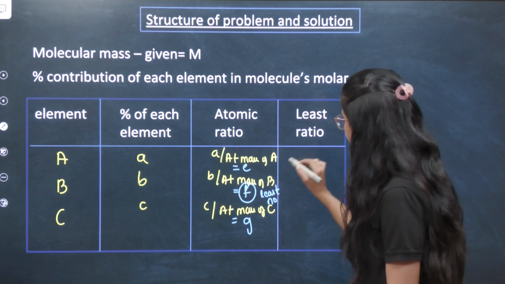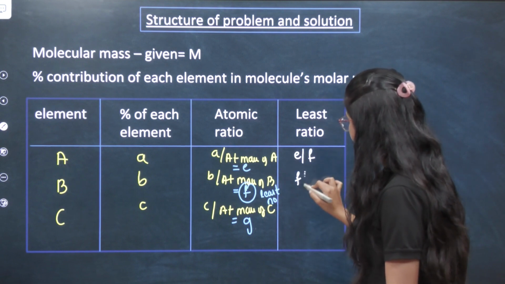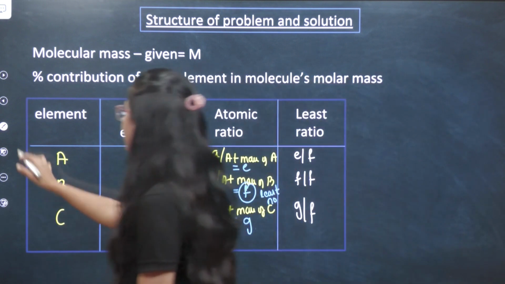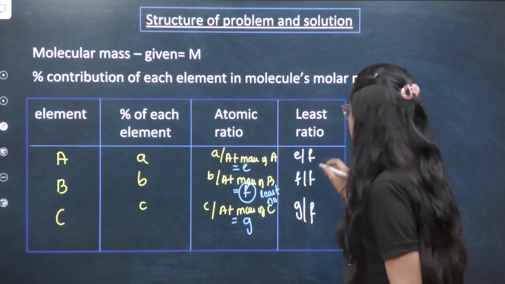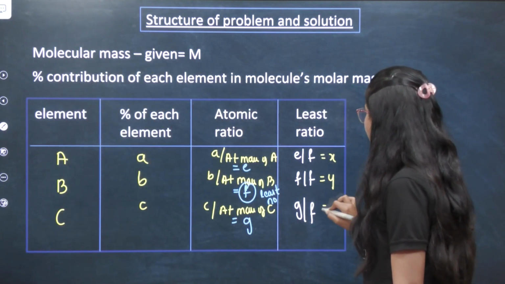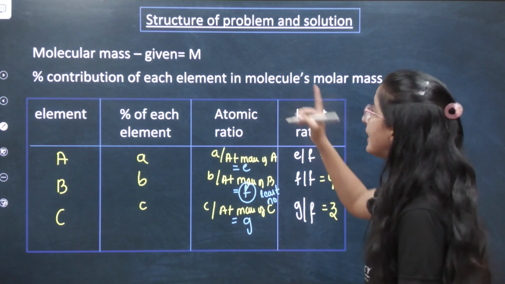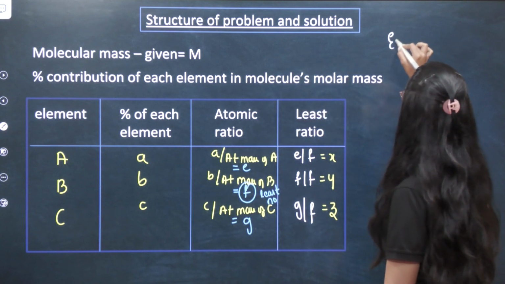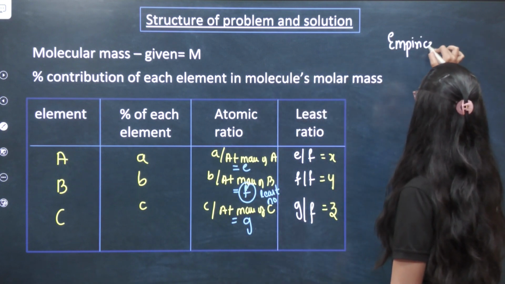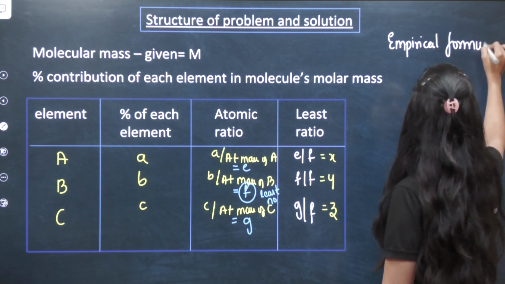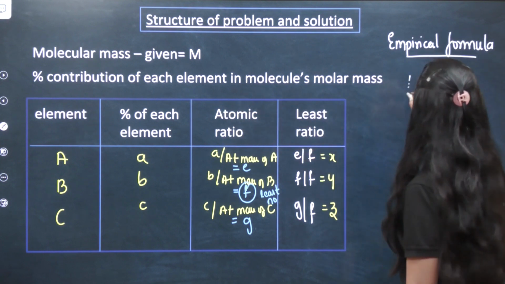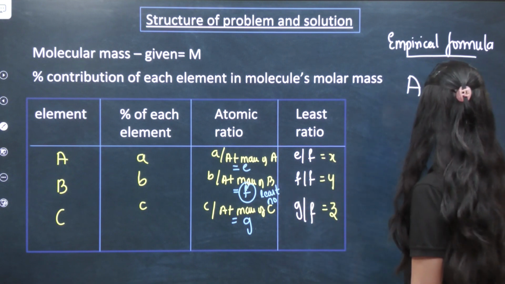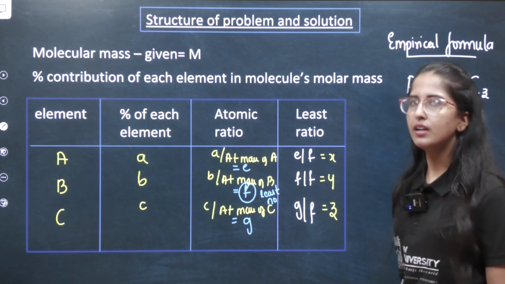You will take E divided by F, F divided by F, G divided by F. Like this you will get the least ratio. And finally you will get some values X, Y and Z. How will you write the empirical formula now? From this, the empirical formula will be the elements A, B and C, and you will add the coefficients X, Y and Z. This is your empirical formula.